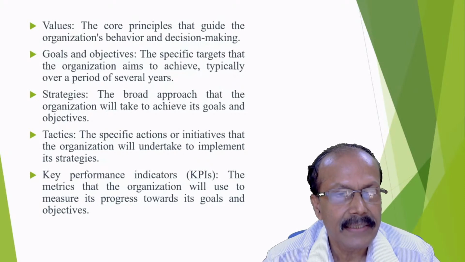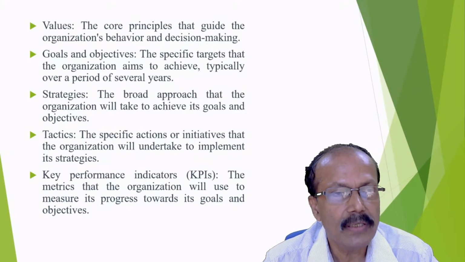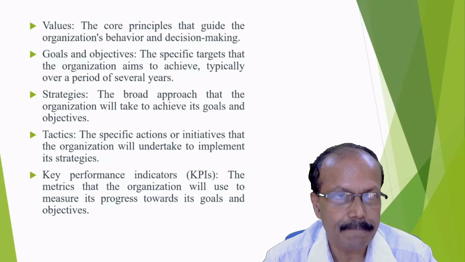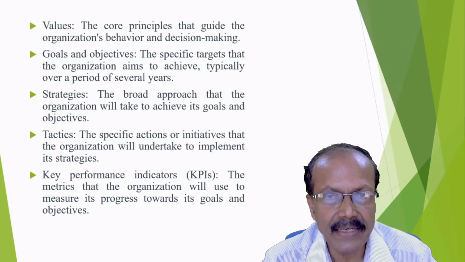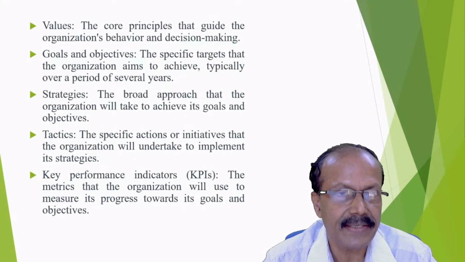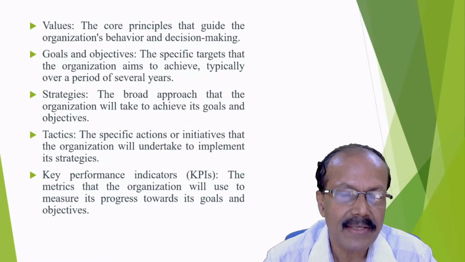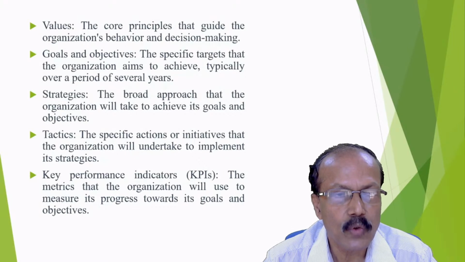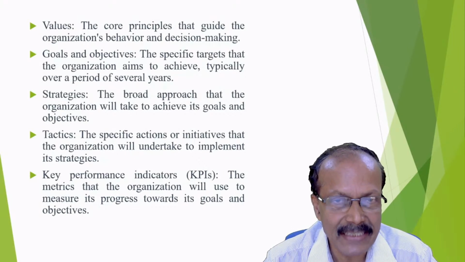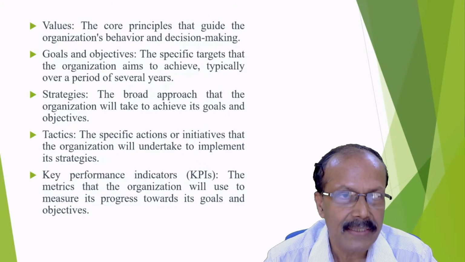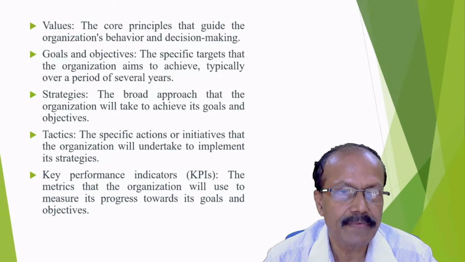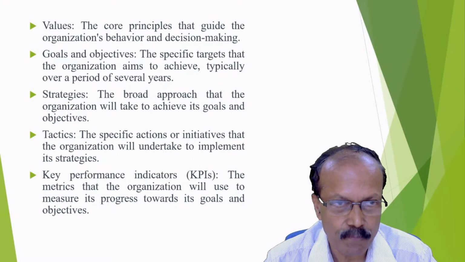Then it relates to the goals and objectives, that is the specific targets that the organization aims to set and also to achieve the same. What are the means and ways to achieve? That is through formulating the strategy, the plan of action, typically over a period of number of years.